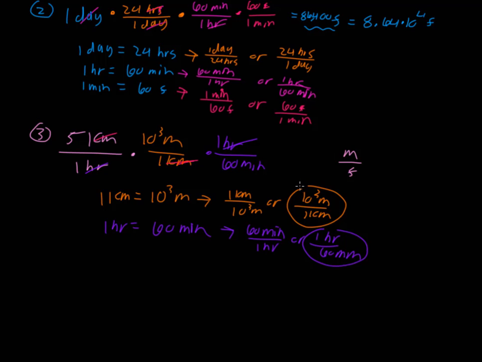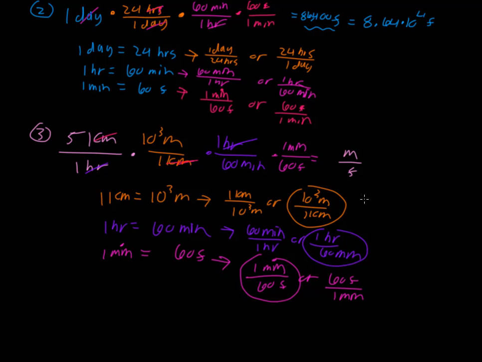So now we need to use the conversion factor for that one. 1 minute is equal to 60 seconds, and I'll just write it as S. So we have 1 minute over 60 seconds, or 60 seconds over 1 minute. We want the minutes to cancel, so we're going to choose this one.